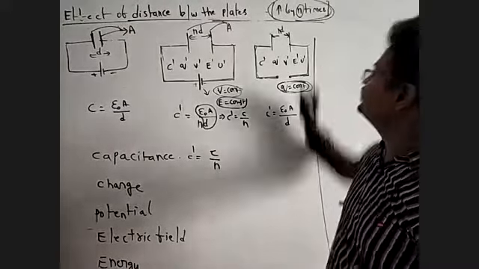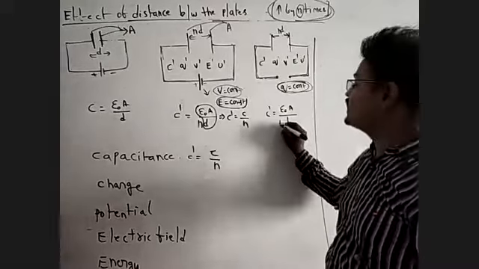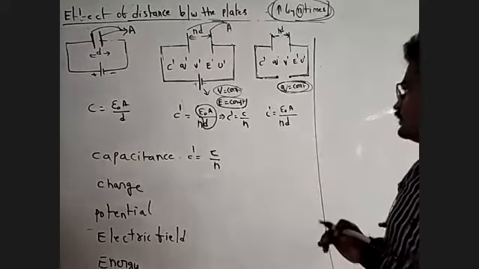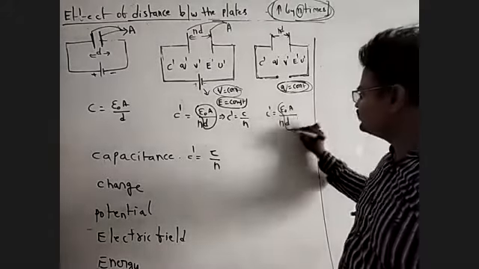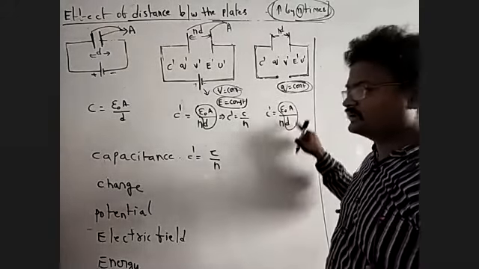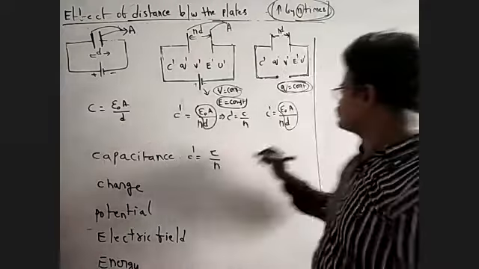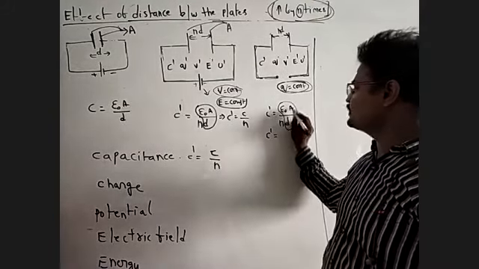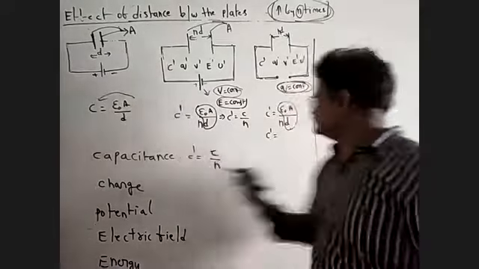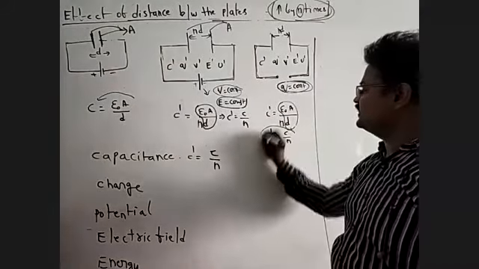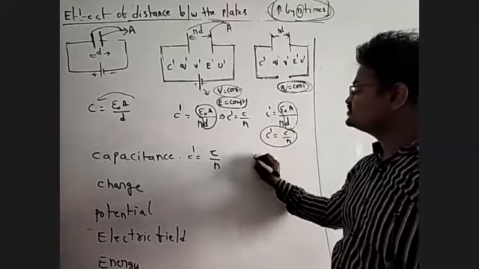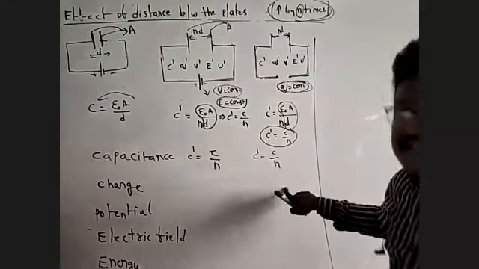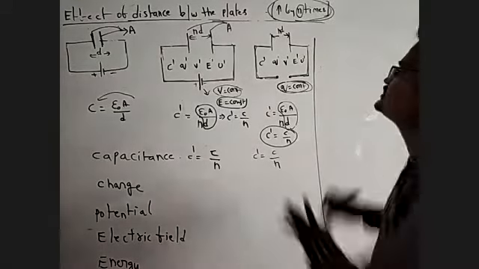Epsilon naught A by D, where the distance between the two plates is n into D. That means C dash is equal to epsilon naught A by nD, which is C by n. So the C dash value is equal to C by n. The capacitance decreases by n times.